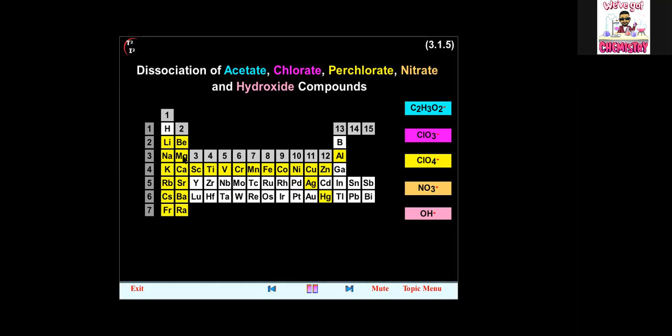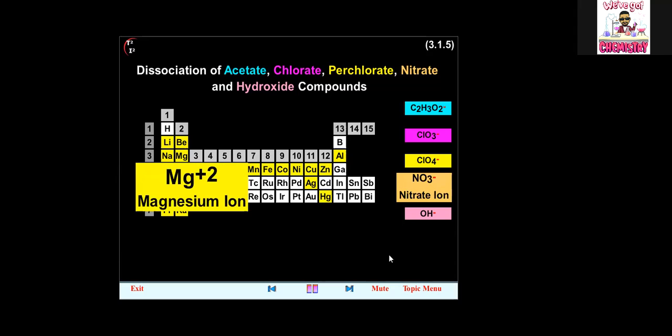All right, let's pick group 2 elements. Let's pick Mg, magnesium plus 2, magnesium ion. So if I add that to nitrates, what do you expect? Soluble or insoluble? NO3 minus 1, nitrate ion.